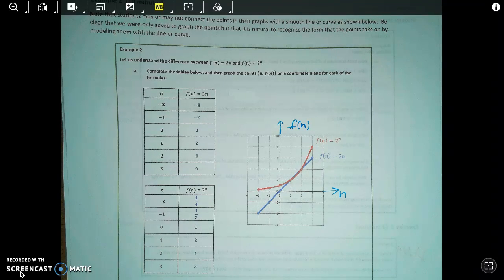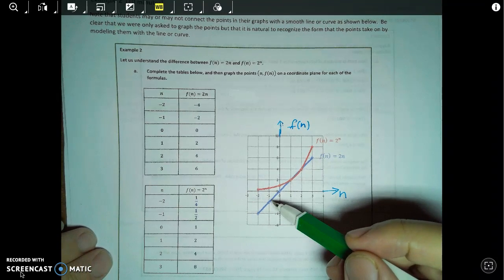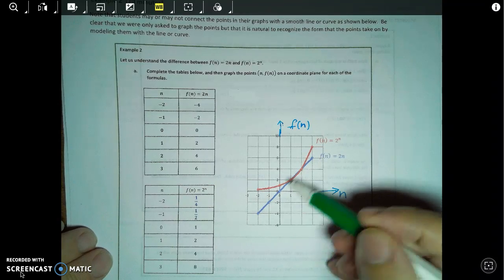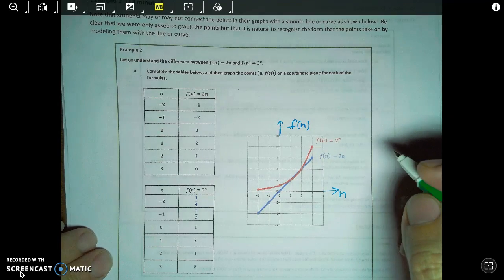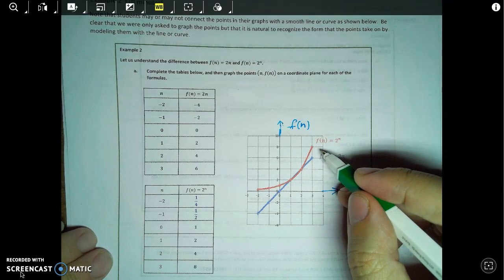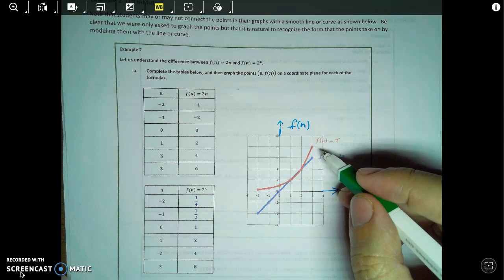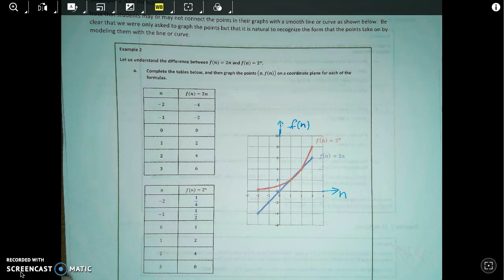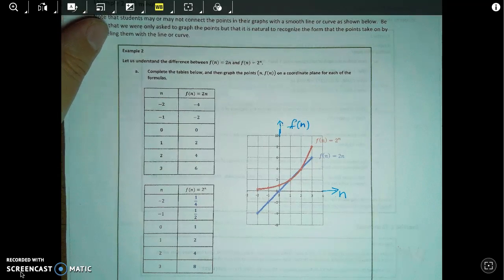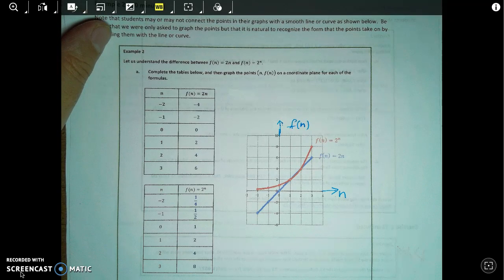So once we graph it, we ended up with something like this. The blue line represents the linear function and the red one represents the exponential function. So these are the two types of functions that we've seen so far.